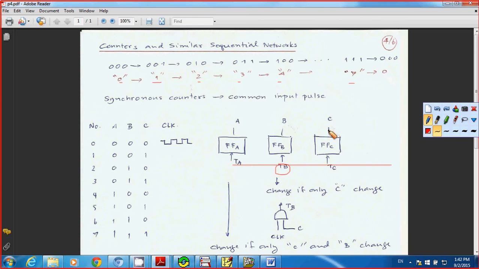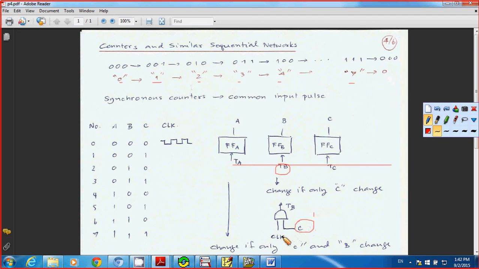So what I try to explain is that you cannot simply input the clock to the flip-flop B, and you cannot simply input the clock to the flip-flop A. What you need to do is think about, let's say logic 1 coming here.